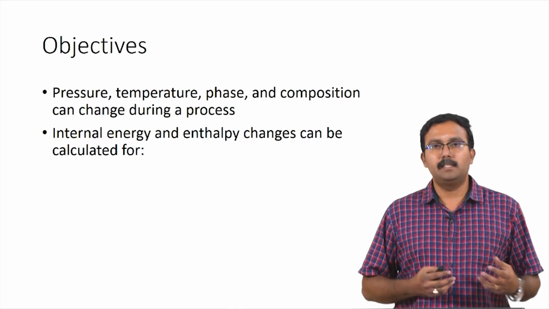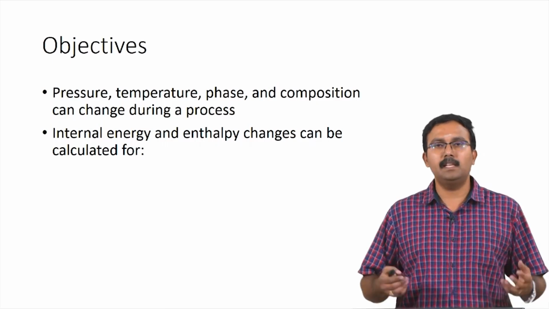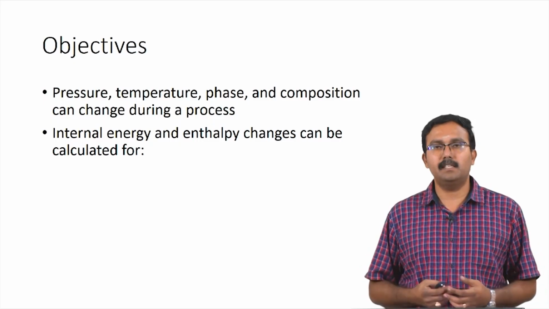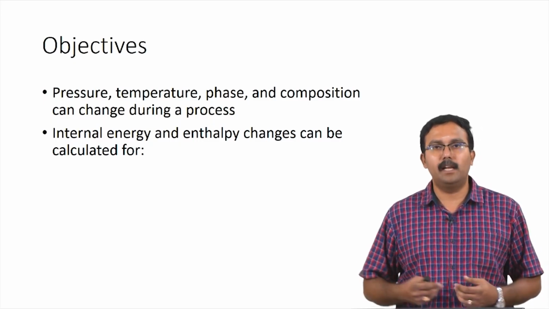To calculate these change in internal energy or enthalpy, we would not be able to do it when all things which I have mentioned are changing. If everything like temperature, pressure and phase are changing, we cannot use one simple equation to solve for all these values.